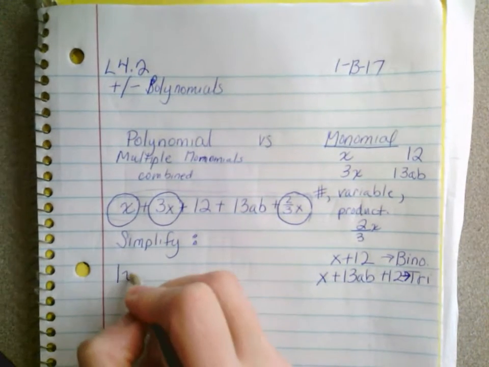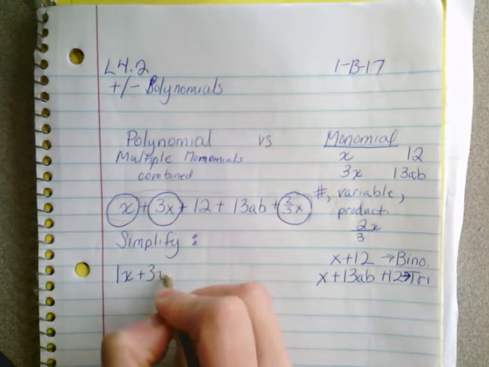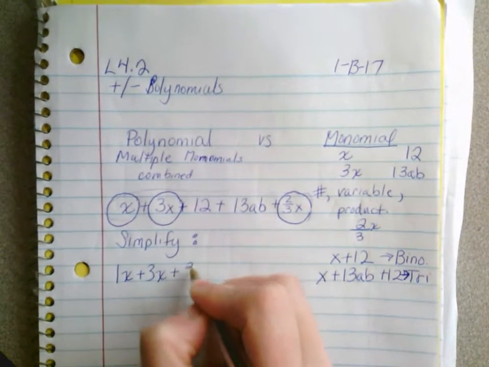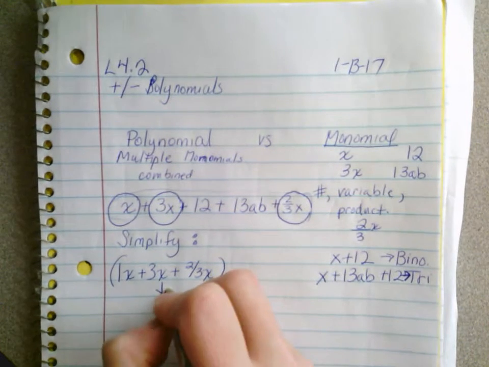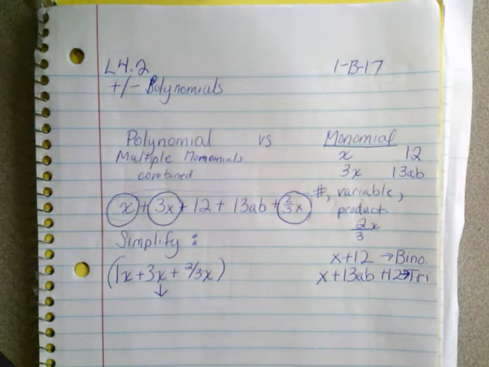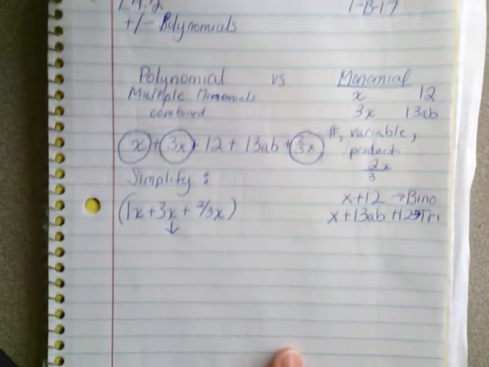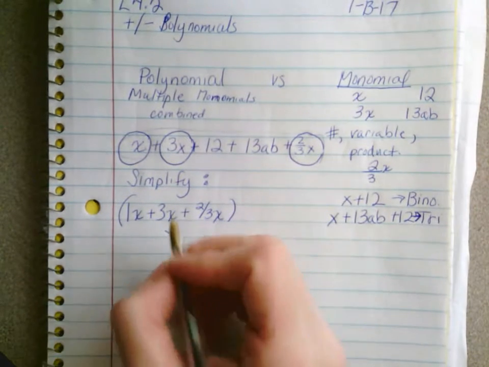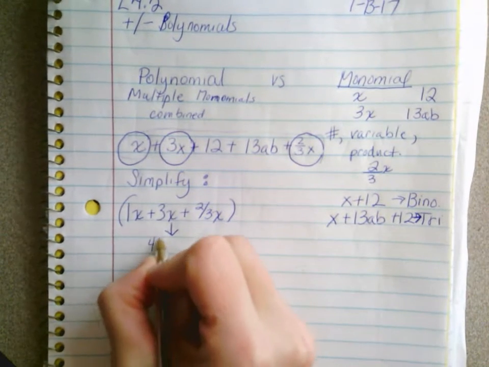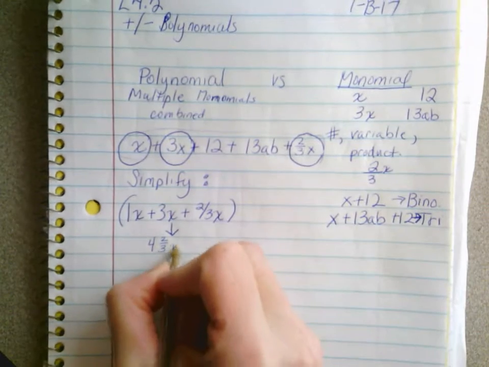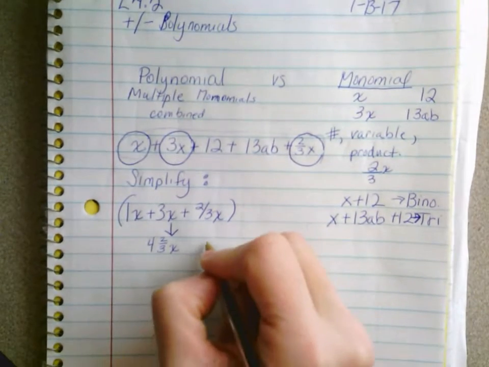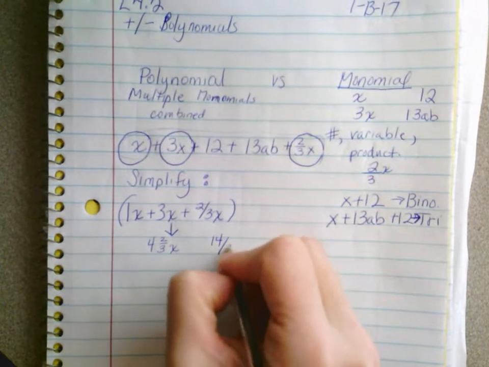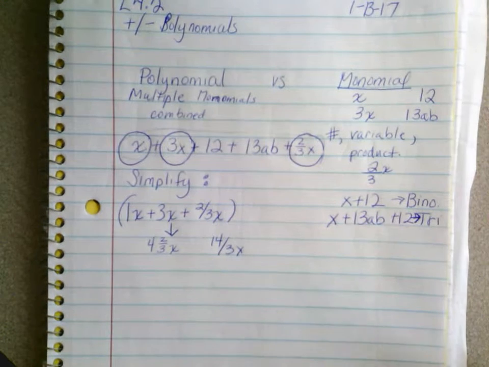Combining 1x with 3x with 2/3 x will lead you to a simplified 4 and 2/3 x, which you would generally keep as an improper 14/3. I know that sounds silly, but that's just how it normally is.